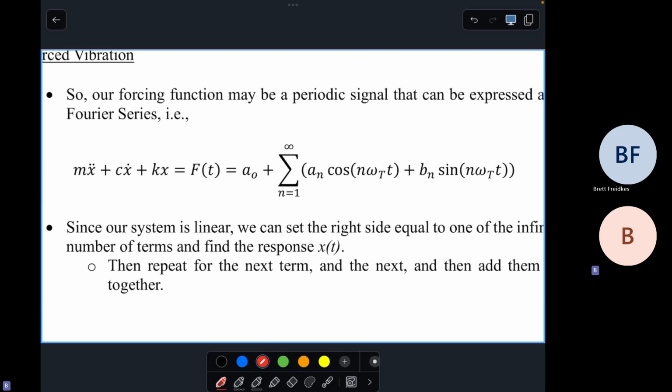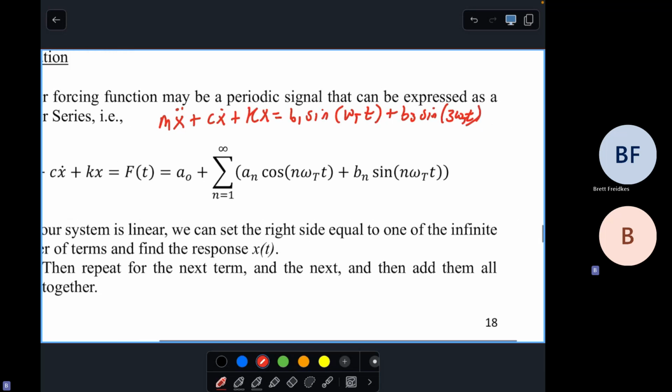So basically, we're taking this complicated thing and we're writing m x double dot plus c x dot plus k x is equal to, let's say, we'll base it on the square wave, just the b1 sine of 1 omega t plus b3 sine of 3 times that, and you would do it from 1 to infinity.